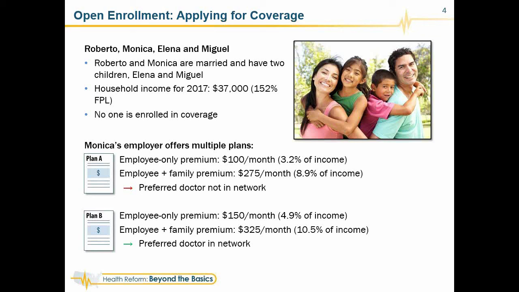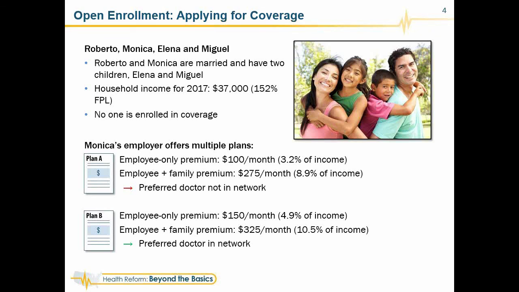You ask them about employer offer of coverage, and they give you the handout from Monica's HR department, which says that there are 2 plans that are offered, Plan A and Plan B, and they each have employee only and employee plus family premium costs. The difference is that Monica really prefers Plan B because the preferred doctors are in the network, but Plan B is not the lowest cost plan.